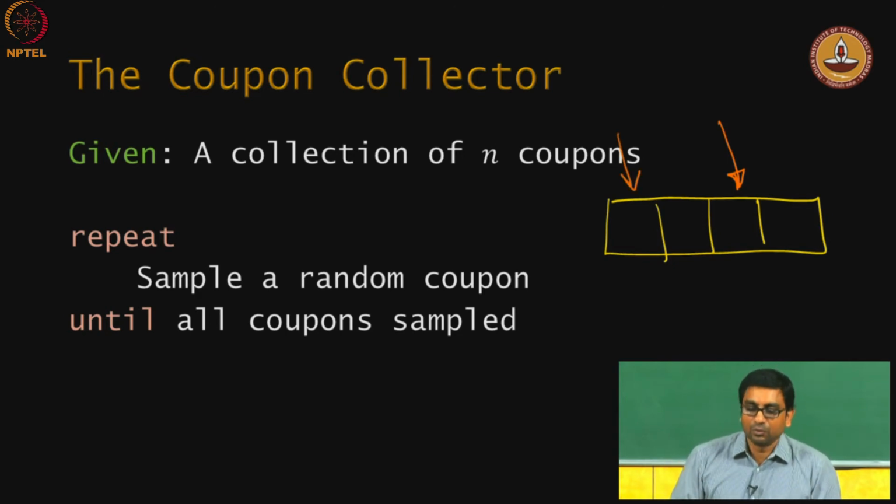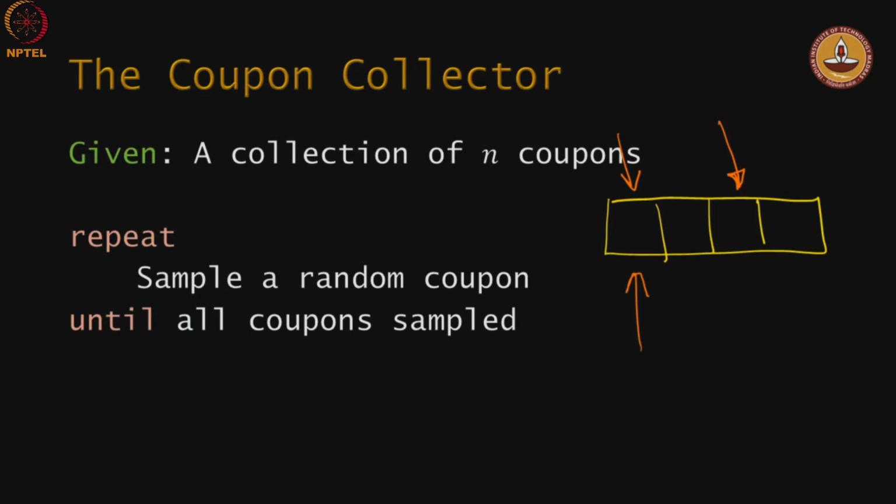Maybe the next time you buy, you get this coupon, and the next time, unfortunately, you get something that you have already seen. And next time you get something new. And then you again get unlucky, you get something you have already seen before, and finally you get to see the last coupon. So, at this point you have seen all the 4 different coupons. So, that is the coupon collector's problem.